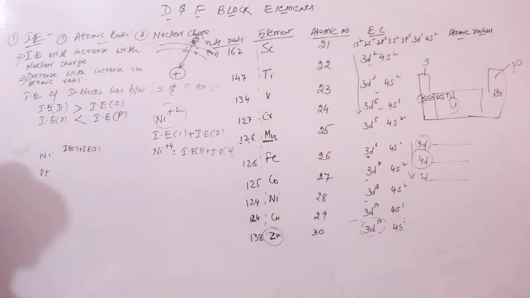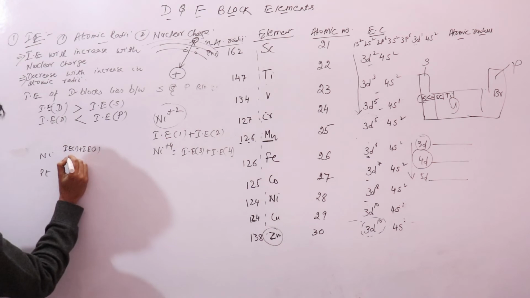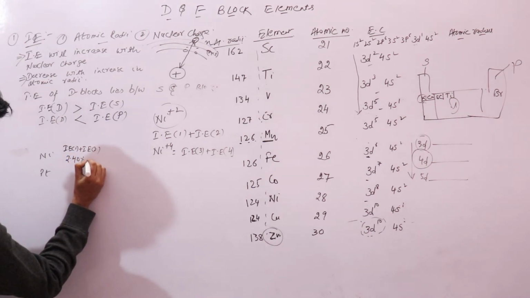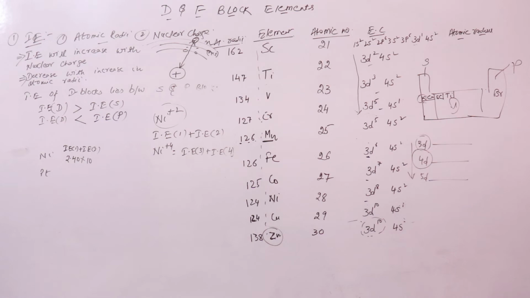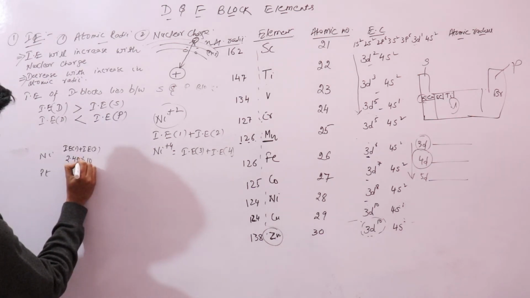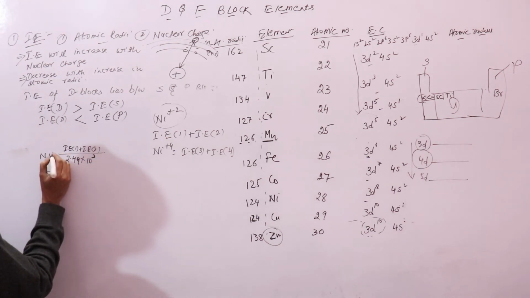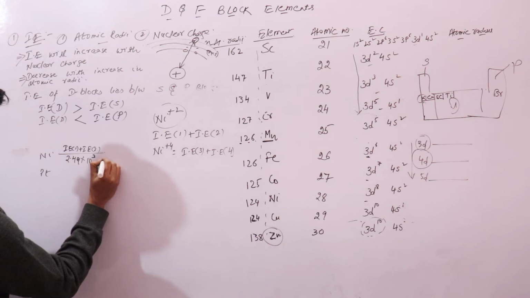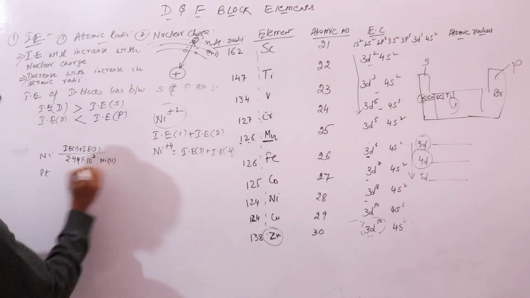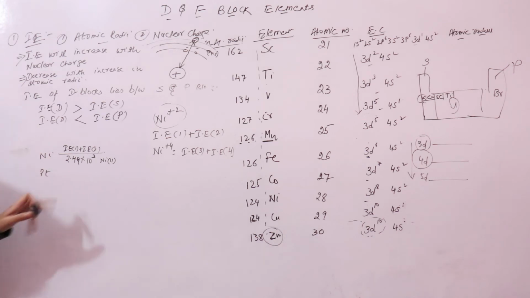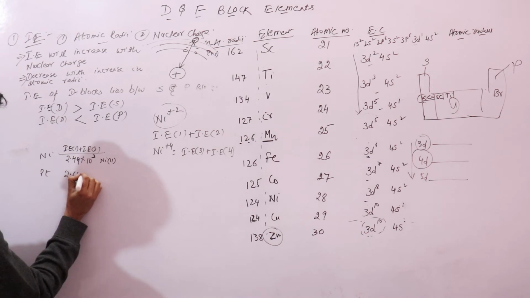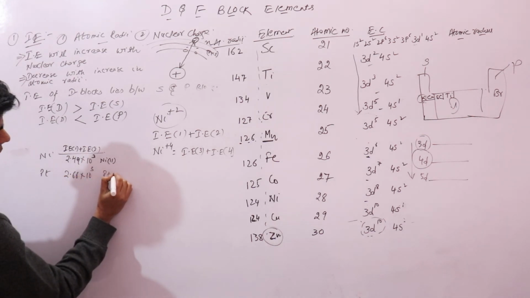Now we have 2.40 into 10 to the power of 3, 2.49 into 10 to the power of 3. This is the ionization enthalpy. Now in order to reach oxidation state 2, similarly for platinum, the energy required is 2.66 into 10 to the power of 3 in order to reach oxidation state 2, right?